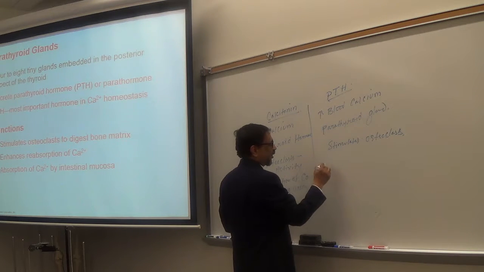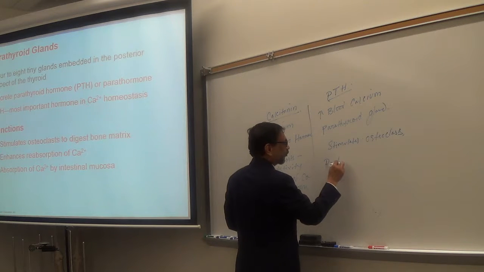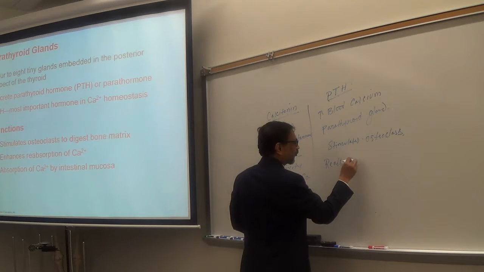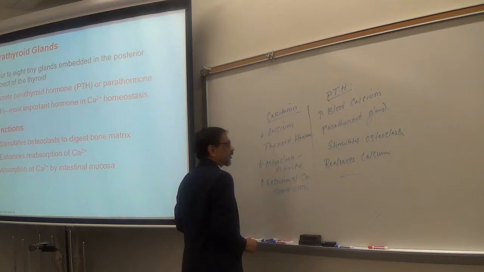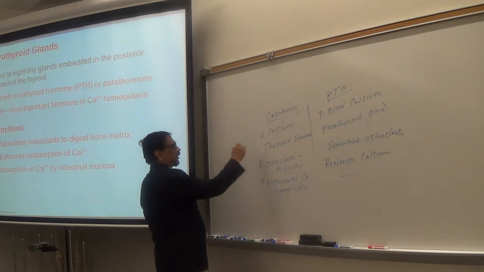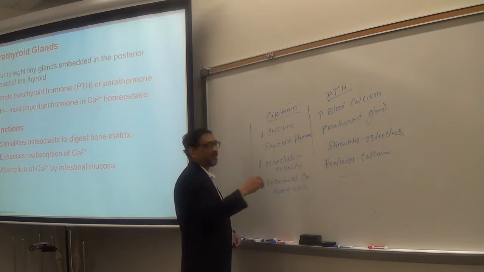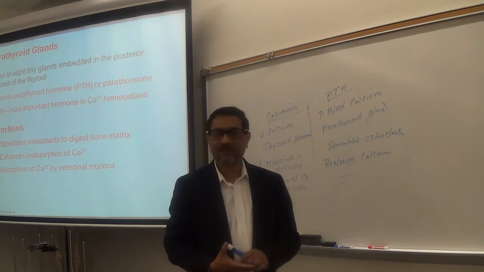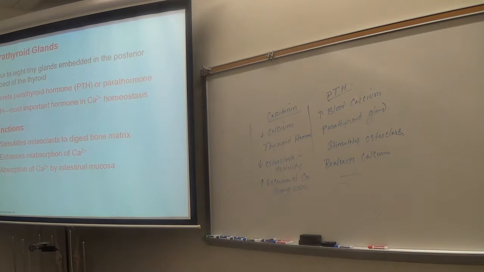Parathyroid hormone preserves, that is called reabsorption. It reabsorbs calcium in the kidneys. So these are the differences between the action of calcitonin and parathyroid. Make sense? If you just put them side by side, it makes it easy for you to see.